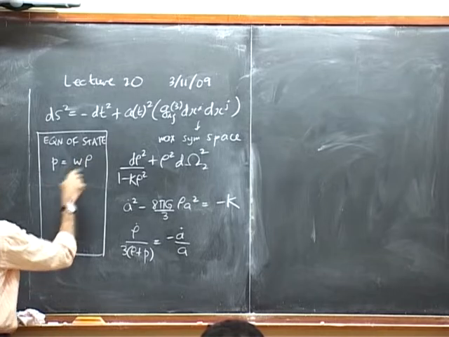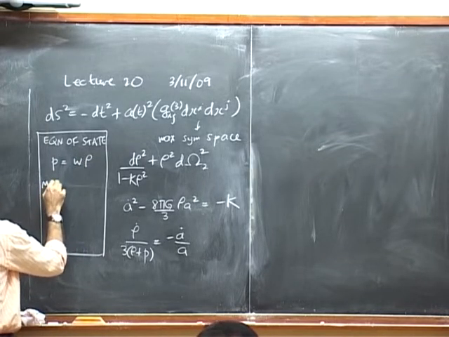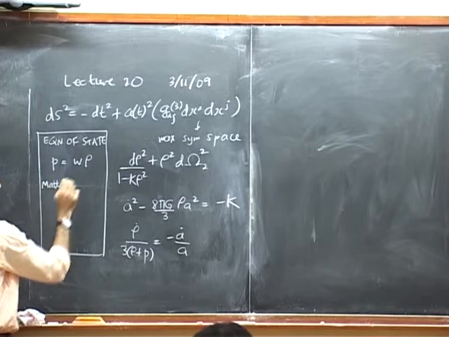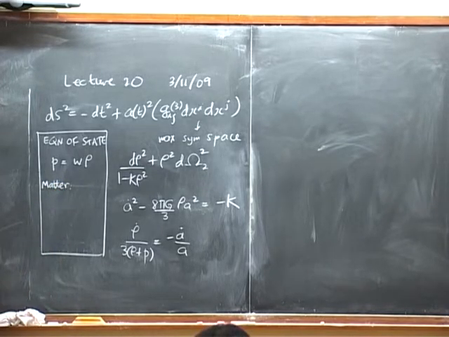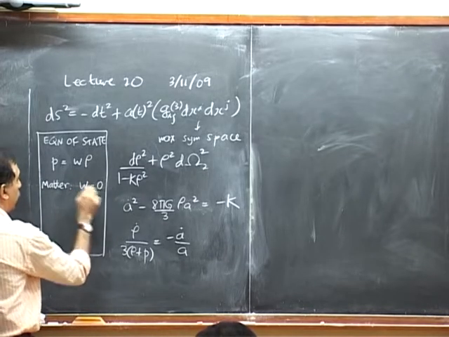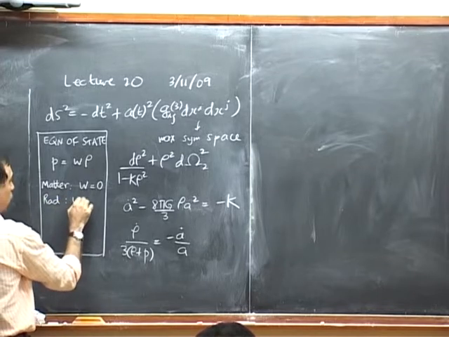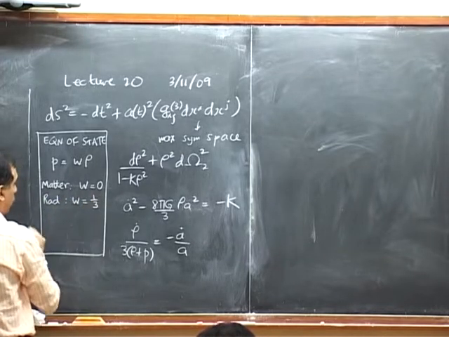Okay, but if you take this simple linear assumption, then matter and pressureless dust are the same for the purpose of this course. So this has W equals 0, being pressureless. Radiation has W equals 1 by 3.